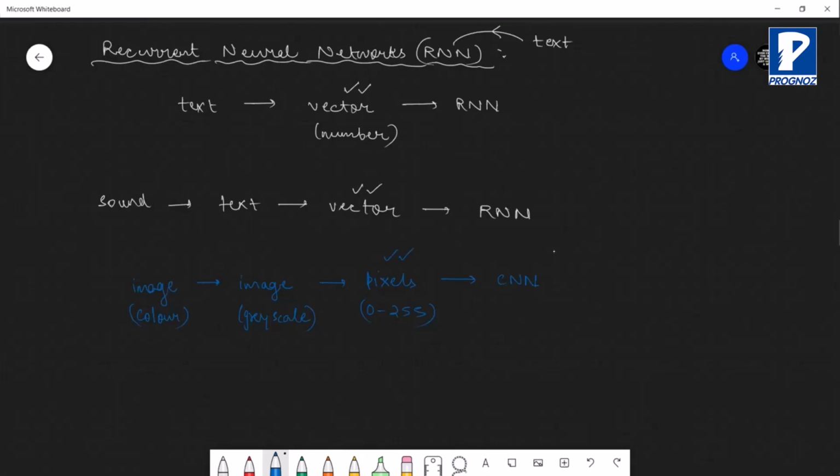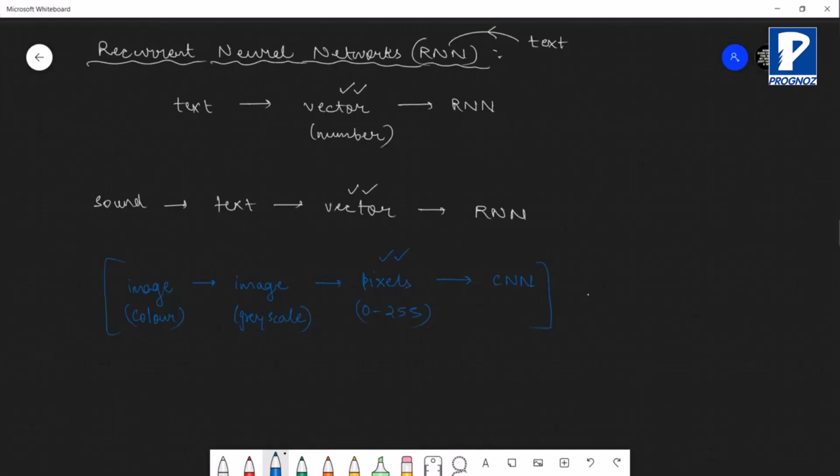Similarly in CNN also, although CNN is not a part of the syllabus, so you can ignore that part, but I had to show you that this is not just in RNN, it happens in all. Okay, so text will be converted to vector and then provided to the input.